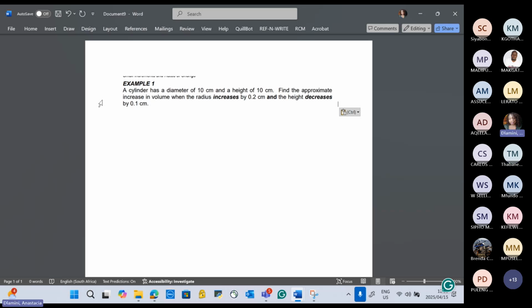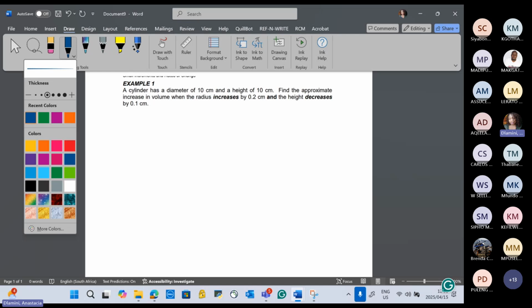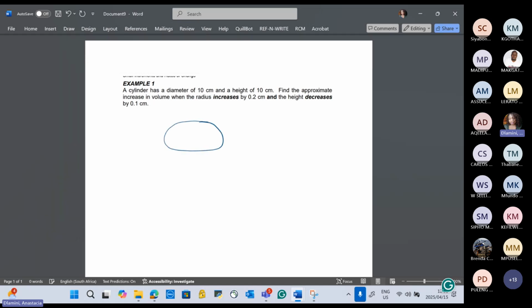Thank you. So now they say a cylinder. My first years will know that if there's a statement like this, I draw. What is the shape of a cylinder, guys? Give me an example. A tin can, a cold drink can. I'll not mention the name because they don't pay me. So it's like this, and the worst part is I'm not even good at drawing.